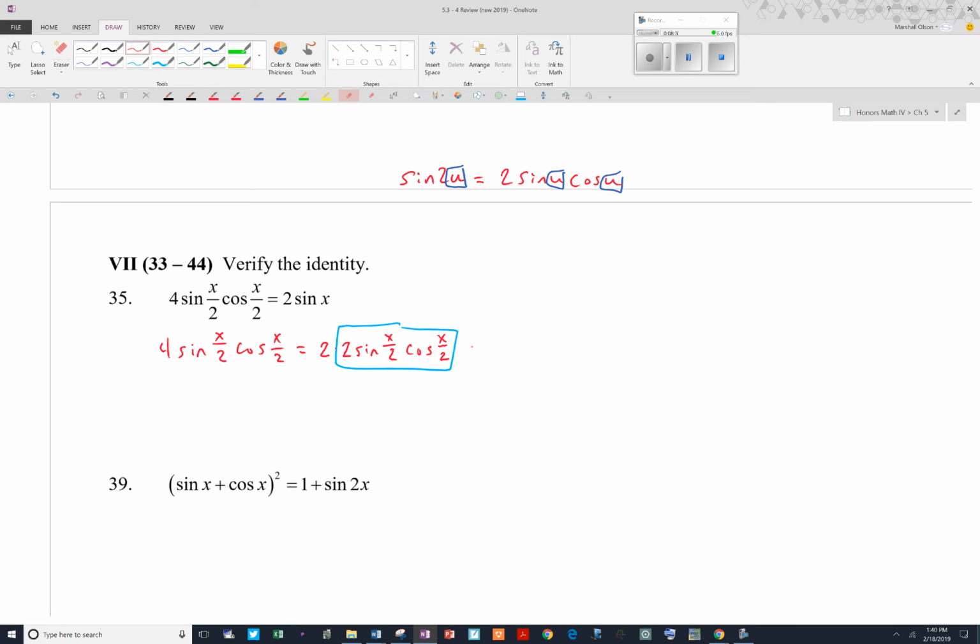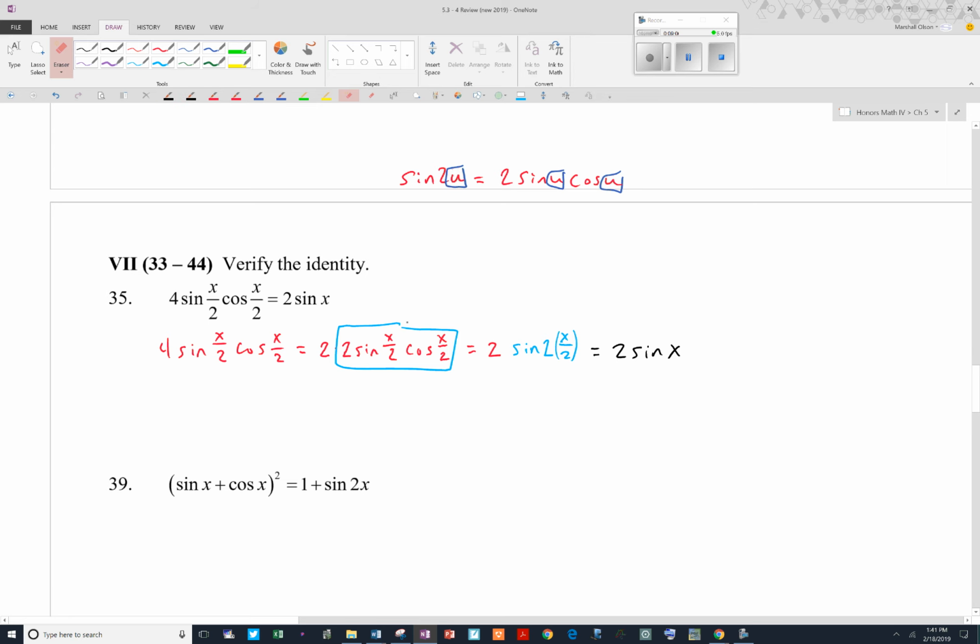So I still have that 2 that's out in front, but now I can replace the rest of that with the sine of 2, and then our u value is x over 2. So I'll just put that in parentheses. Well, that can be simplified. These multiply together, 2 times something divided by 2, those 2's will cancel out, and we're simply left with 2 times the sine of x, which is the right-hand side of our identity.